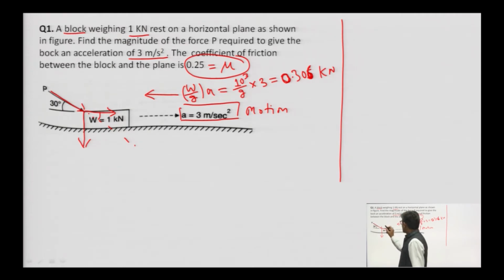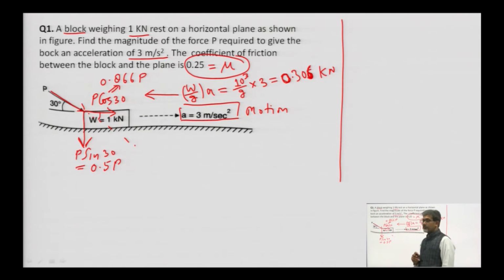So, it is P cos 30, which means 0.866 P. And this component is P sin 30, which means 0.5 P.